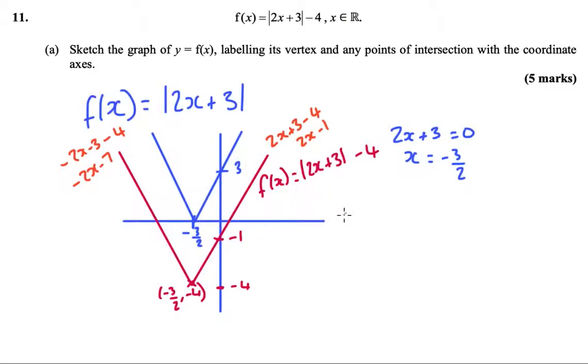And now we need to find where they hit the x-axis, so that's when they in turn equal to 0. So when 2x minus 1 is equal to 0, that's going to be x equals a half. So this coordinate here is a half. This coordinate here is going to be when minus 2x minus 7 is equal to 0.